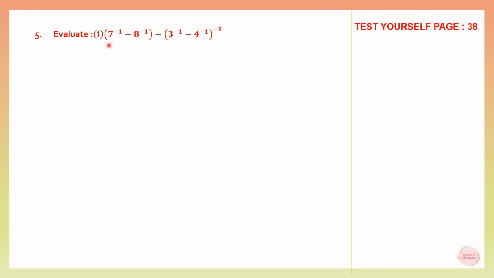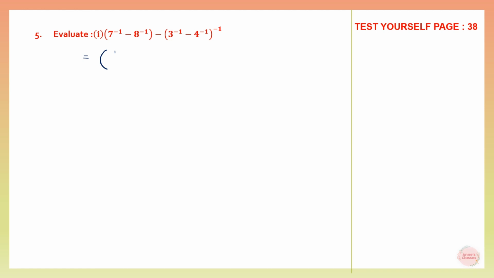Question 5, evaluate. In that the first one. 7 raised to the power of minus 1 minus 8 raised to the power of minus 1 minus 3 raised to the power of minus 1 minus 4 raised to the power of minus 1 and this whole thing is raised to the power of minus 1. So let's go slowly with this and do it carefully without making mistakes. So here in brackets we have 7 raised to the power of minus 1. Let's make the power positive.